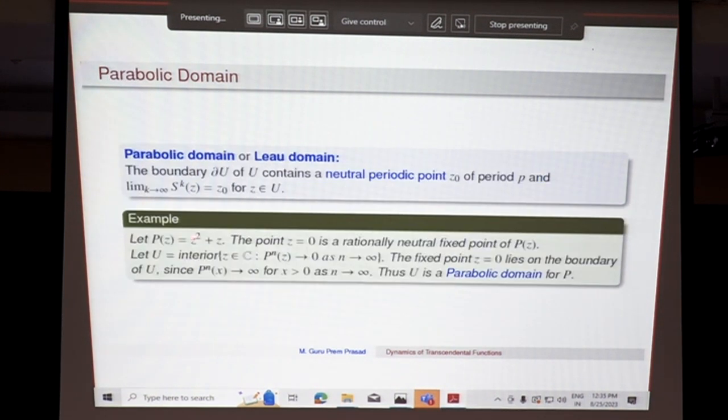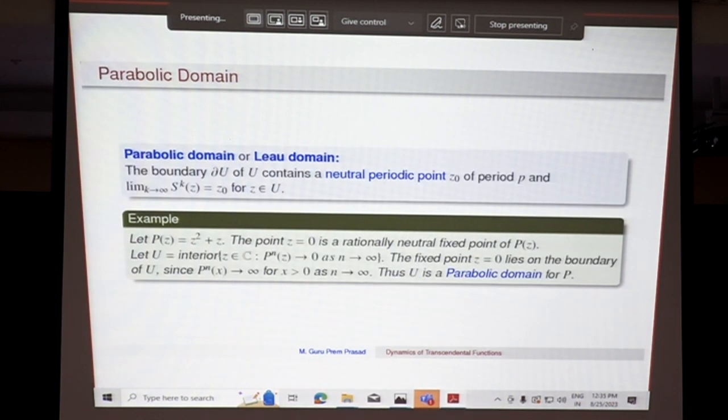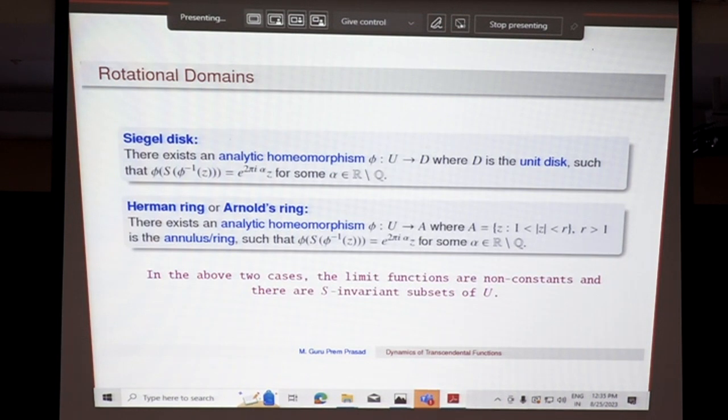Whereas in the earlier case, the forward orbit of all points converges to this neutral periodic point. Similarly, here the forward orbit of all the points converges to the attracting point. So, the limit function is constant in this case and in this case. But whereas in Siegel disk and Herman ring, the convergent subsequence has a non-constant limit function.